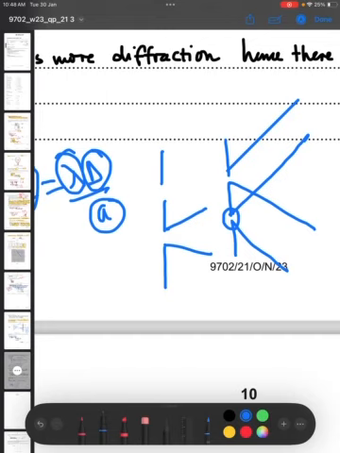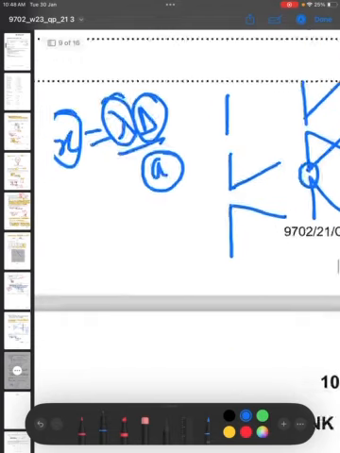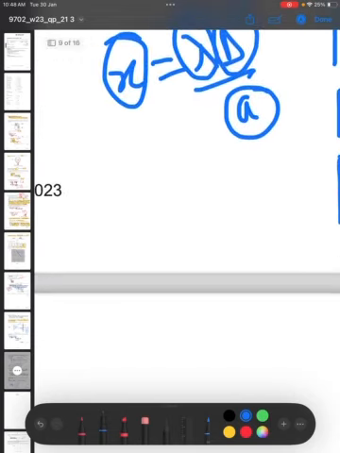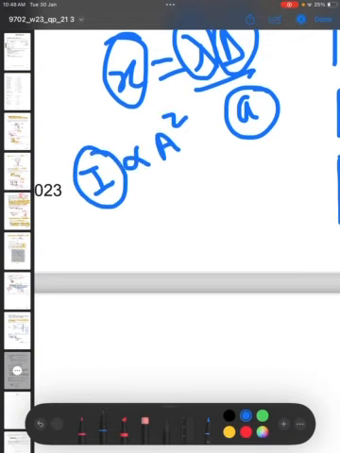Remember that for bright fringes to form, constructive interference must happen. And when constructive interference happens, then we have a bright fringe with high intensity, because the amplitudes have joined. But now if intensity has decreased, it means that the waves that are meeting are meeting with lesser amplitudes.